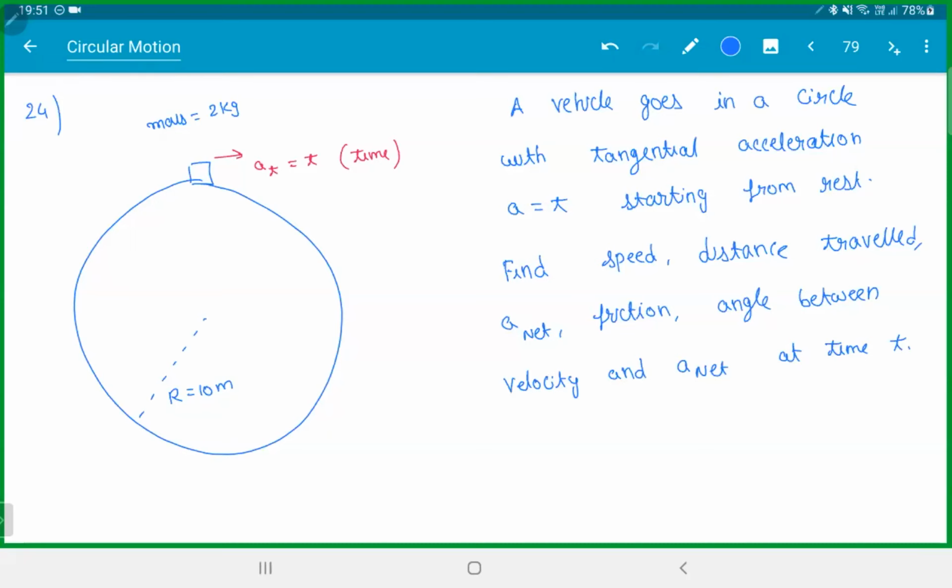Speed, okay. Speed v square by 2 or t square by 2? Integration everyone. Try.